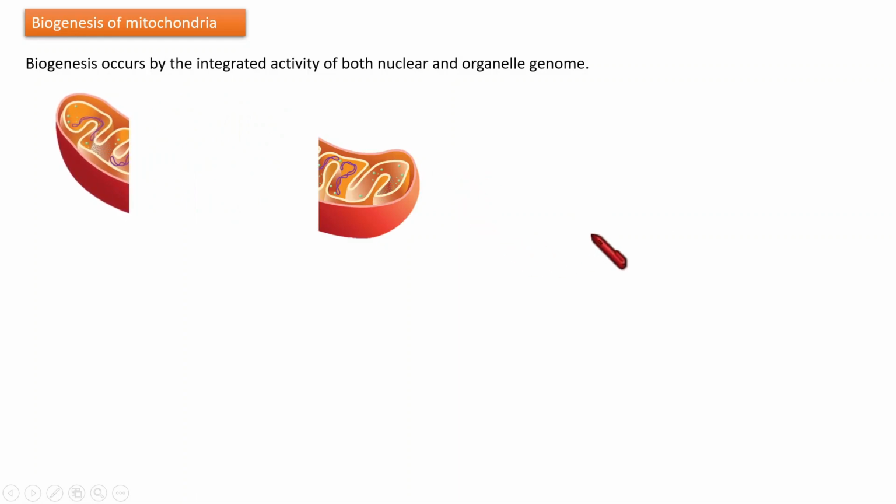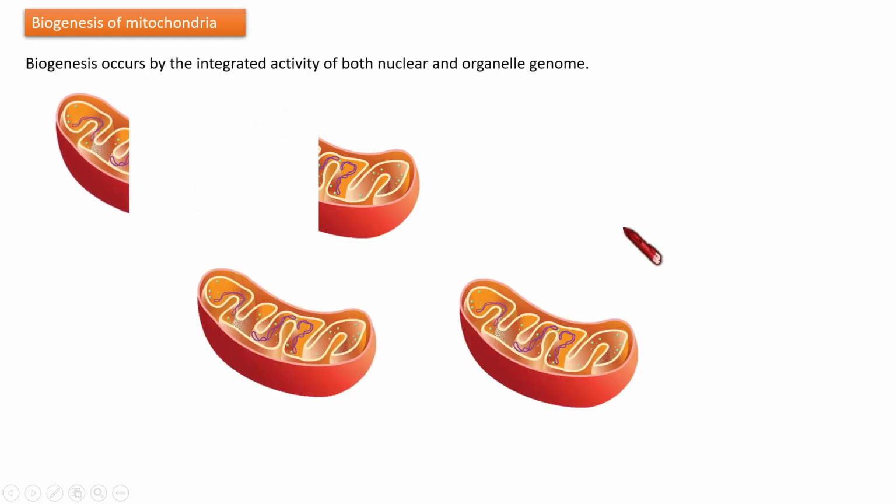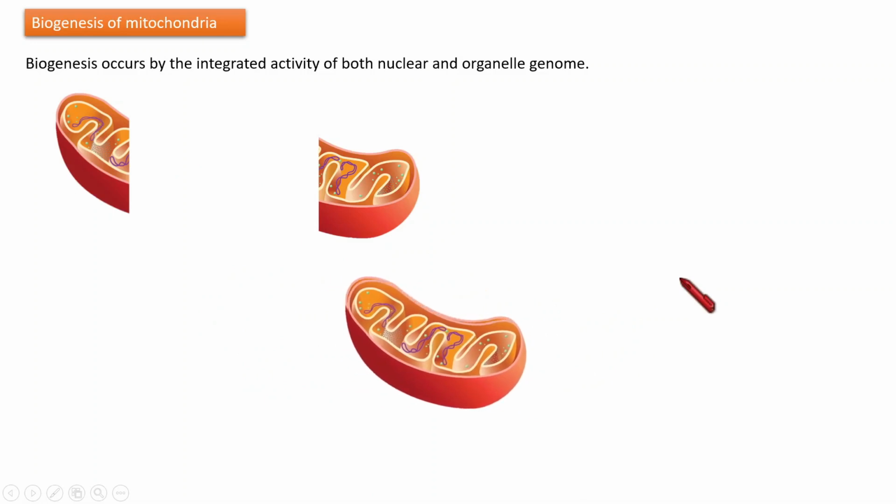That is one process, and also it can combine. Not only can it divide, it can combine with each other. So divide and combine are the two notable abilities of the mitochondria regarding their number inside a cell, whether to increase or to decrease.